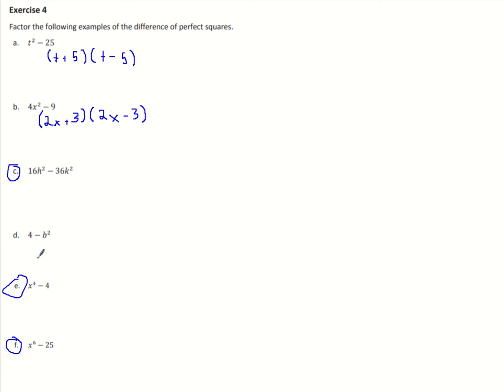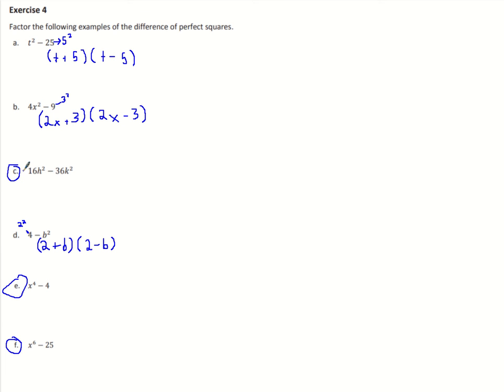And then for D down here, we should have been able to get 2 plus b, 2 minus b, without much difficulty. Because again, remember, my 25 up here is basically just 5 squared. My 9 here is just 3 squared. And my 4 here is just 2 squared.